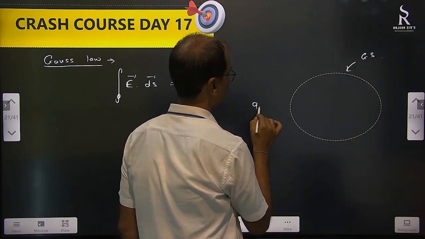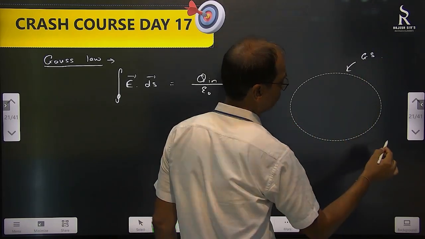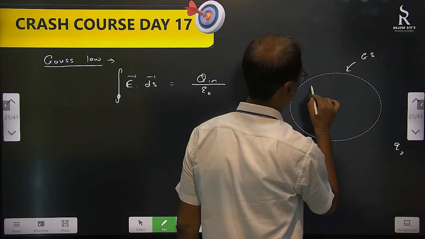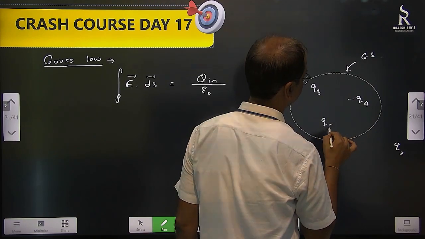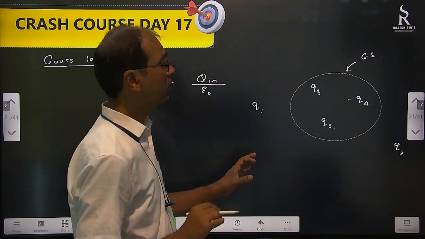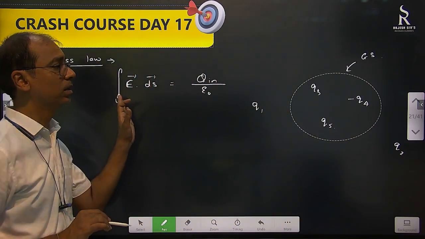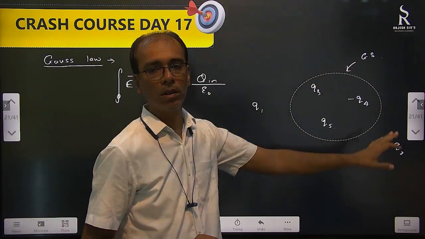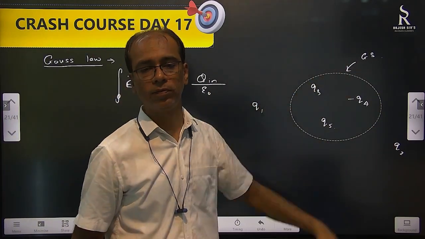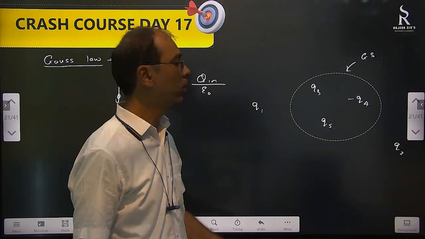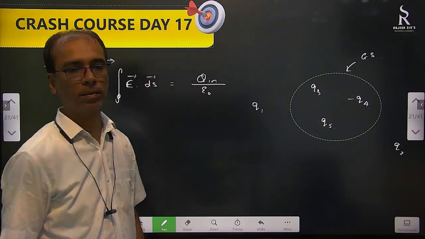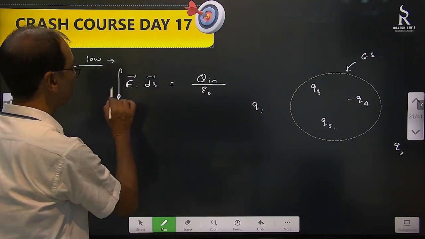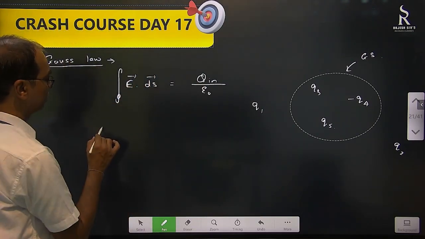Suppose here is charge Q1, and one more charge we can keep Q2, and inside we will have Q3, minus Q4 and Q5. Then the electric field which I am writing here is because of all the charges Q1, Q2, Q3, Q4, Q5, and that's equal to what? Q3 minus Q4 plus Q5 by epsilon naught. Remember that. So this electric field is due to all the charges.